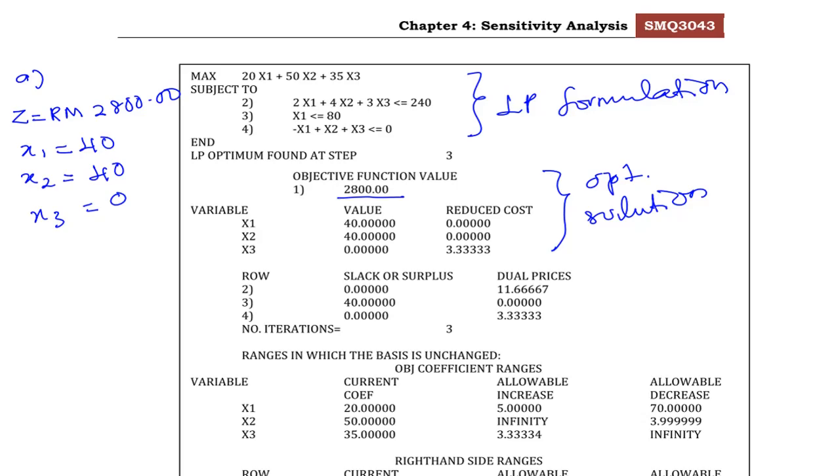For part B, if available raw material is increased by 120 kg. So this one, right hand side, instead of 240, is now increased by 120, meaning that you need to add to the current value. So the new right hand side is 360. So for part B, the change D1 is positive 120.